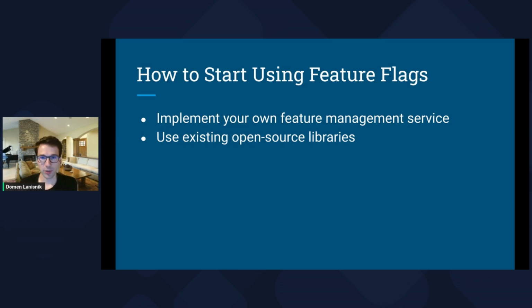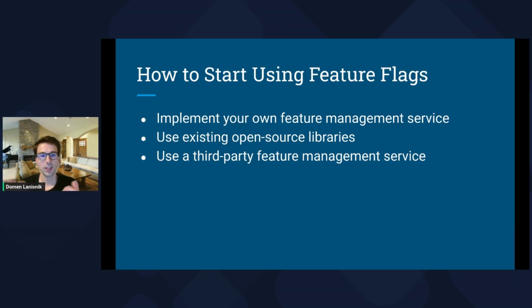And then the third option, which is probably the best to get started if you're a single developer or a smaller team or company, is to use a third-party feature management service like Firebase Remote Config. What this does is it offers everything out of the box.